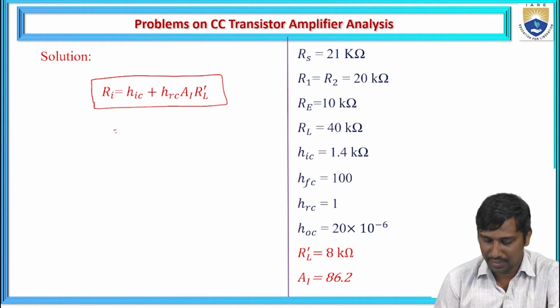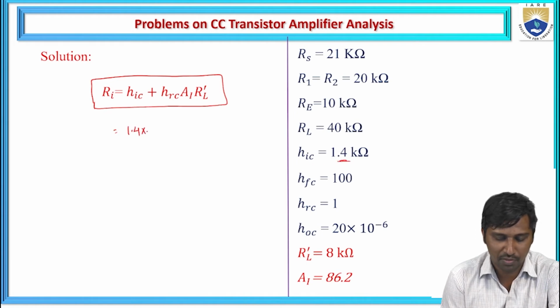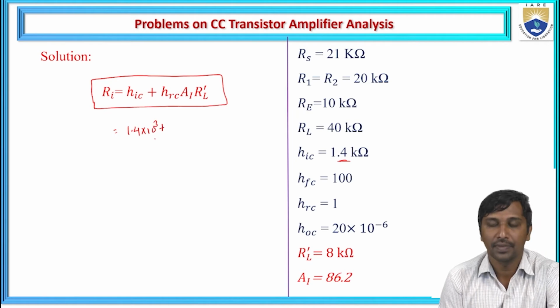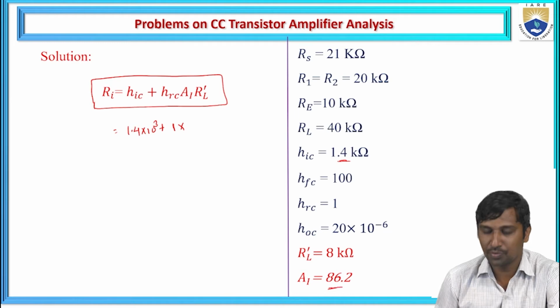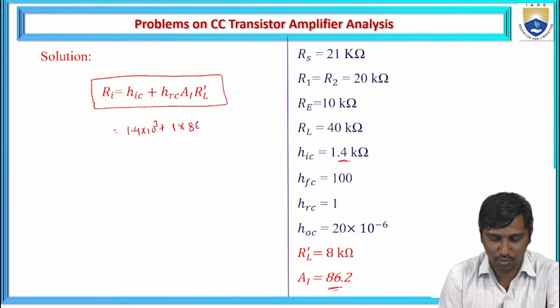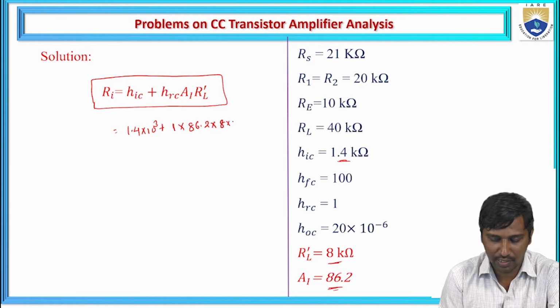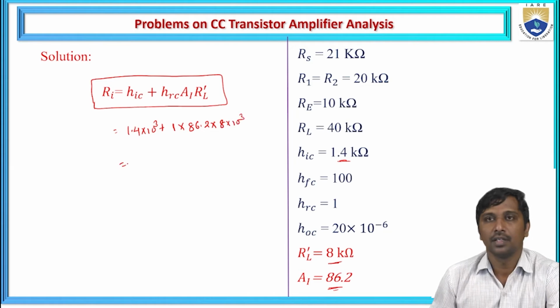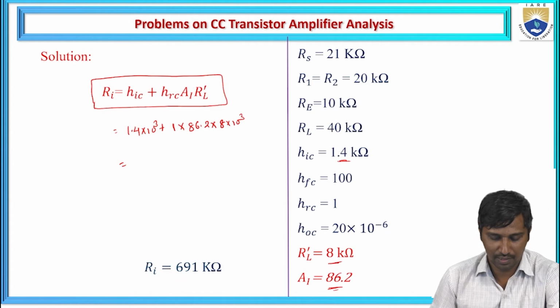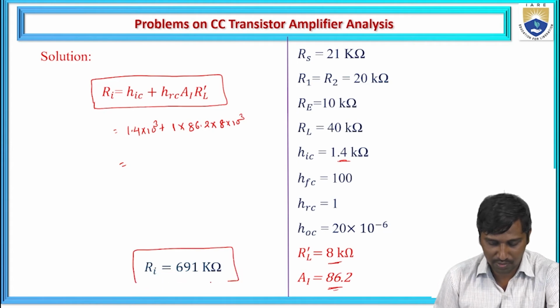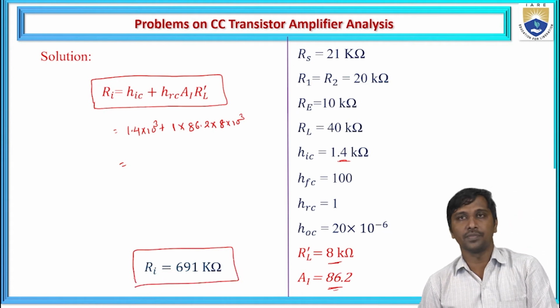First we substitute the HIC value, 1.4 kilo ohms, means 1.4 into 10 power 3, plus HRC, reverse voltage gain, is 1, and the current gain we just observed is 86.2, and R'L is 8 kilo ohms, so 8 into 10 power 3. If you simplify this, Ri is equal to 691 kilo ohms.